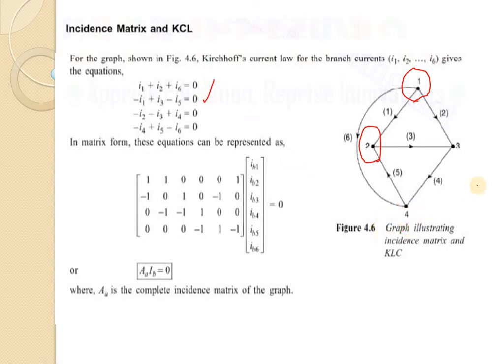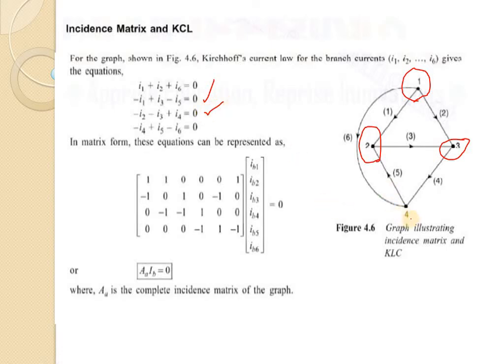At node 3, it is connected with branches 2, 3 and 4. Branch 2 is entering, branch 3 is also entering and branch 4 is leaving. That means branch 4 will be plus and branches 2 and 3 will be minus. So the equation will be minus I2 minus I3 plus I4 equals 0.